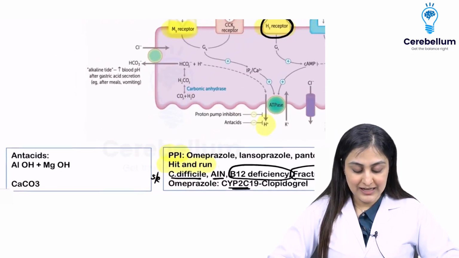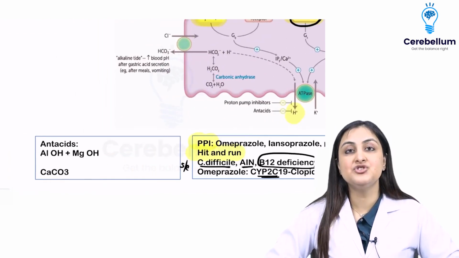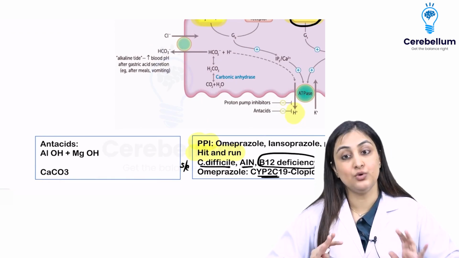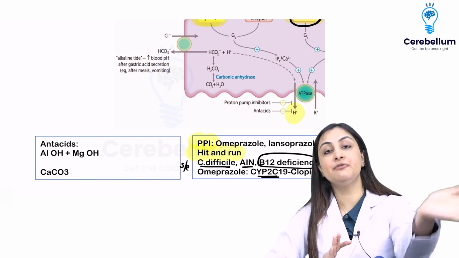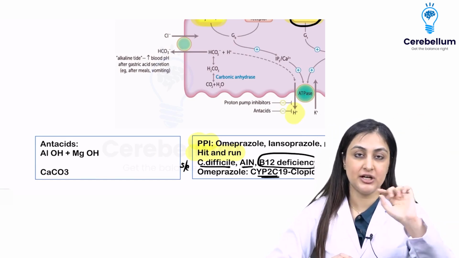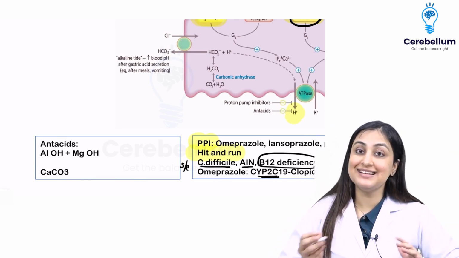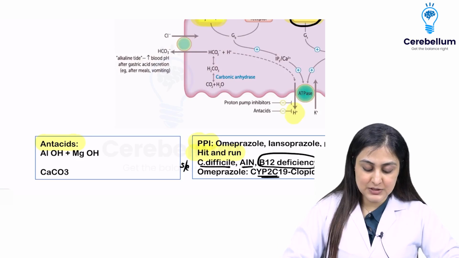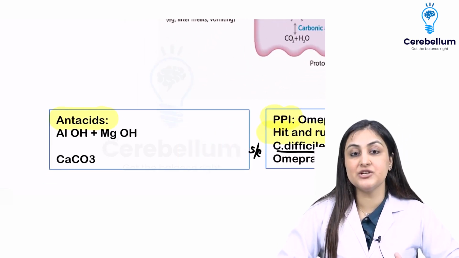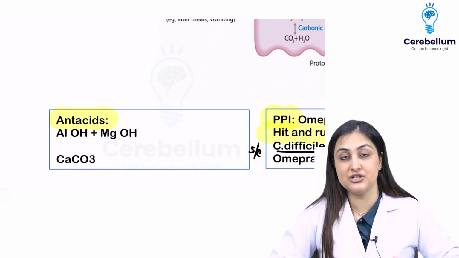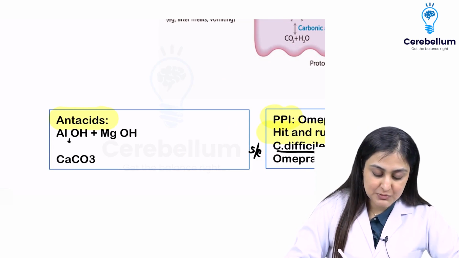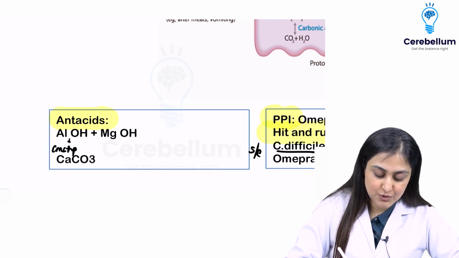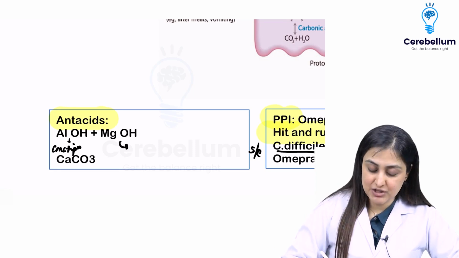Apart from that, what are the drugs I can use for immediate acid neutralization? PPIs stop further H+ from getting secreted. If I want to neutralize acid in an emergency, I have to use antacids. In antacids, we frequently use a combination of aluminium hydroxide and magnesium hydroxide, because aluminium hydroxide causes constipation whereas magnesium hydroxide causes diarrhea.